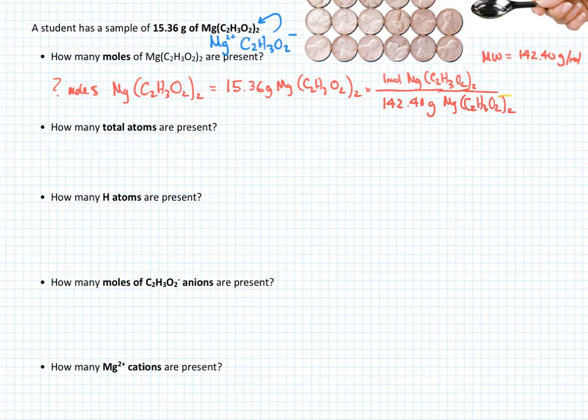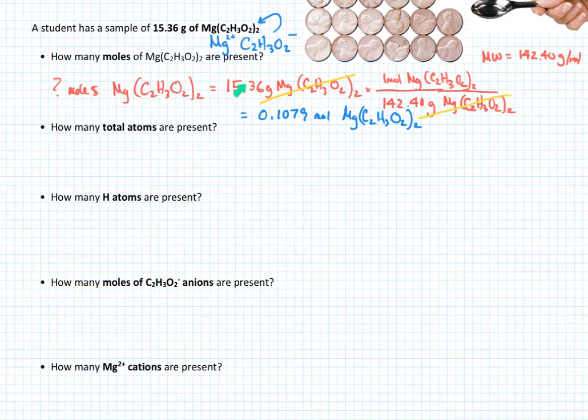Okay, and then grams of magnesium acetate cancels grams of magnesium acetate, and this is then equal to 0.1079 moles of Mg(C2H3O2)2. Okay, so my first question is moles of magnesium acetate.